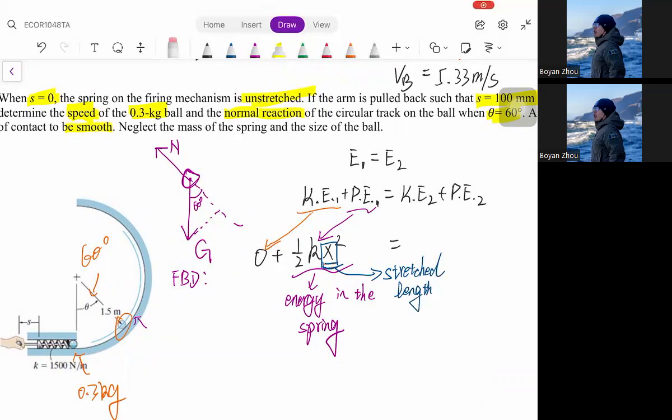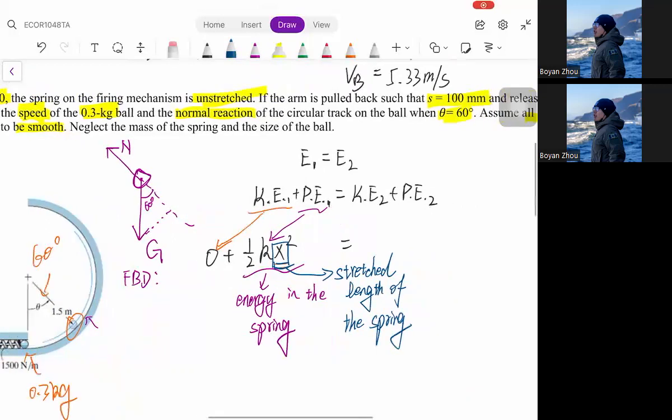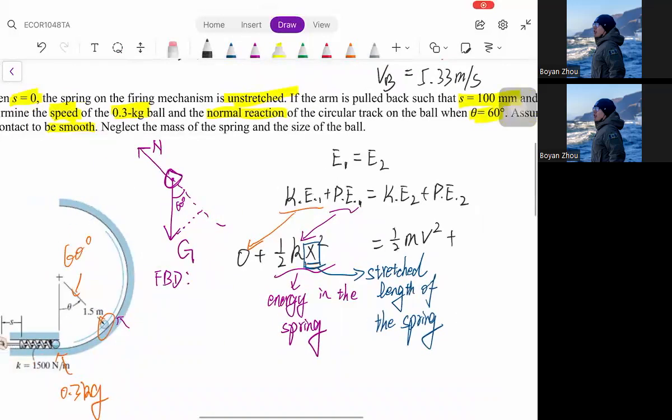The stretched length is going to be the total length of the spring minus the original length. And that is equal to the kinetic energy, half mv squared, plus the potential energy. We don't have potential energy in the spring right now, but we do have some potential energy from gravity. We're going to have some height over here, which I'm going to call h for now, plus mgh.